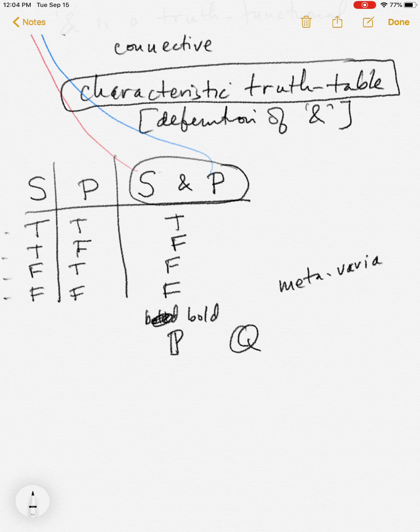variables. I'm going to talk more about this in the future, but right now I'm just going to introduce them, and I will clarify any confusion shortly, perhaps in the next lecture. These are called meta variables, and they range over sentences of SL. They are not sentence letters themselves.